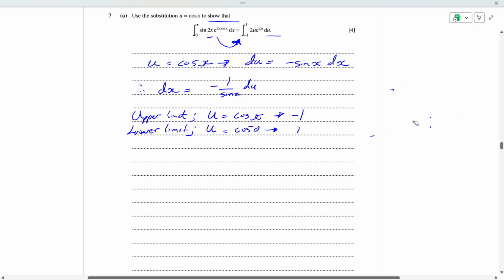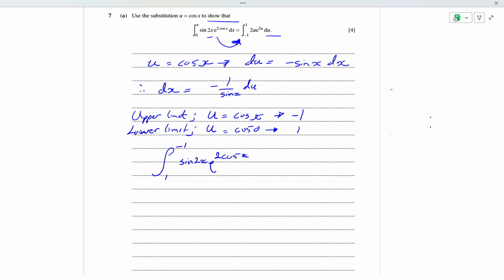And then what you want to do next, now you want to do the substitution inside the integral sign. So here you have negative 1 is the upper limit and 1 is the lower limit. And then you have sine 2x right there, and you also have e to the 2 cos x, dx.